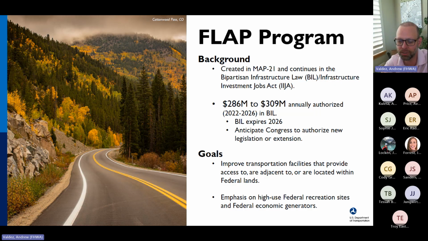And again, the purpose of the program is to improve transportation facilities that provide access to, are adjacent to, or are located within federal lands, with an emphasis on federal recreation sites and federal economic generators. And we'll unpack that a little bit later in the presentation.